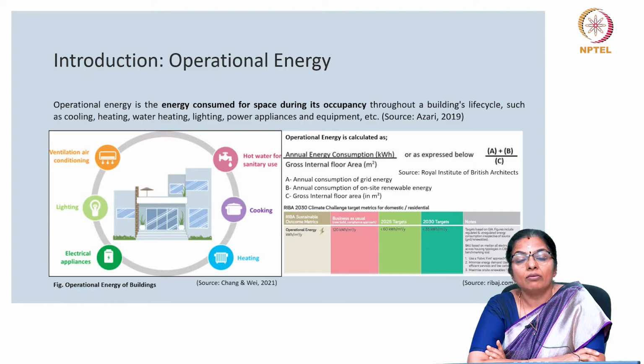And then we can have energy efficient fixtures, whether in the form of lighting equipment, or star rated appliances. Air conditioners are star rated, refrigerators are star rated. A 5-star rating of an appliance means it is more energy efficient as compared to a 4-star, and a 4-star is a more energy efficient appliance as compared to a 3-star, and so on and so forth.